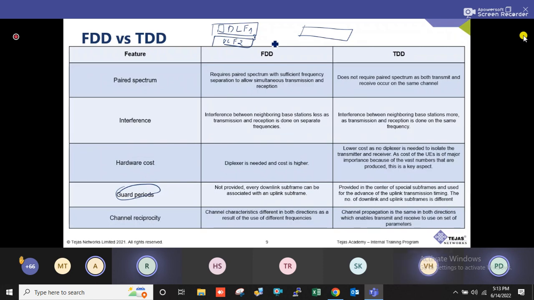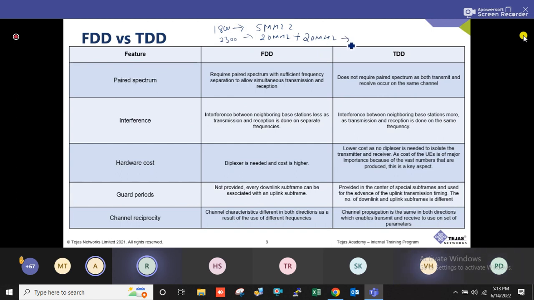It purely depends on what sort of bandwidth you have got. For example, let's take the 1800 band. In the 1800 band, Jio has 5 megahertz as one channel. And in the 2300 band, it has 20 megahertz as one more channel, and it has one more 20 megahertz.